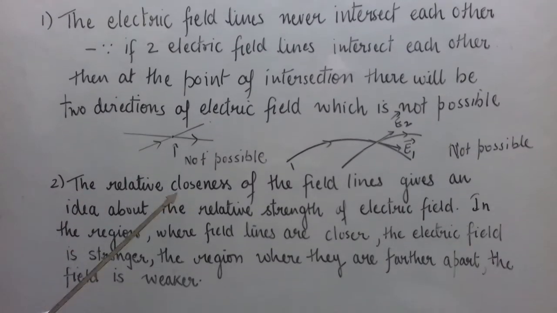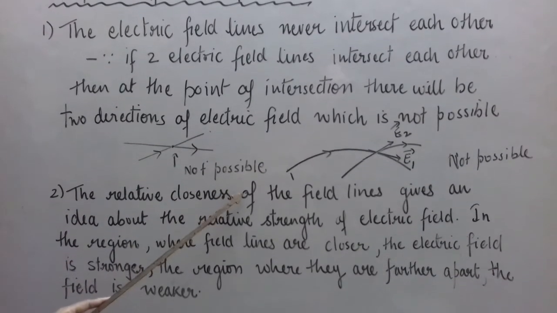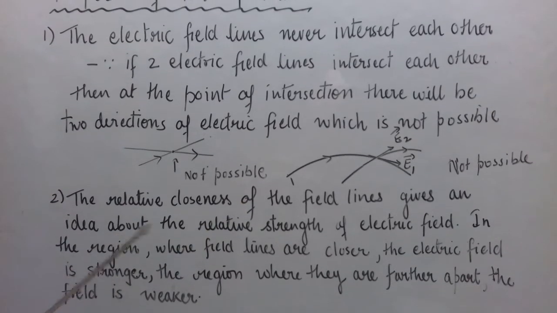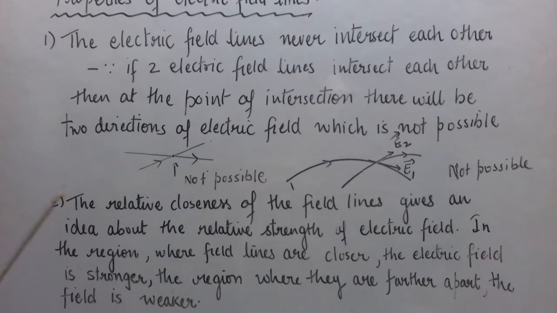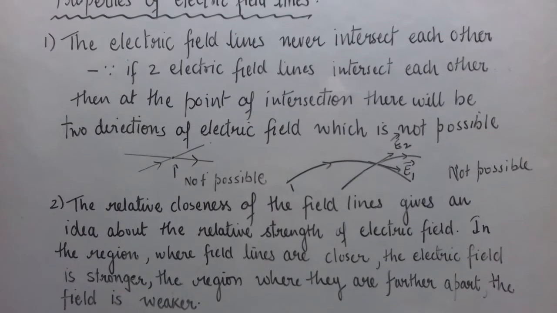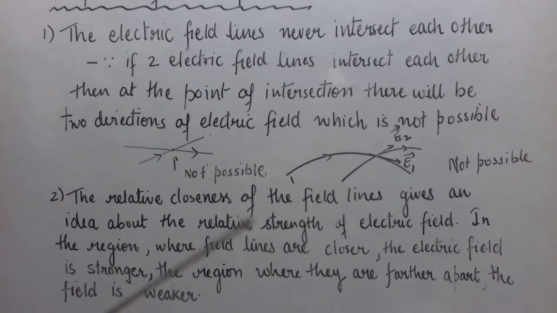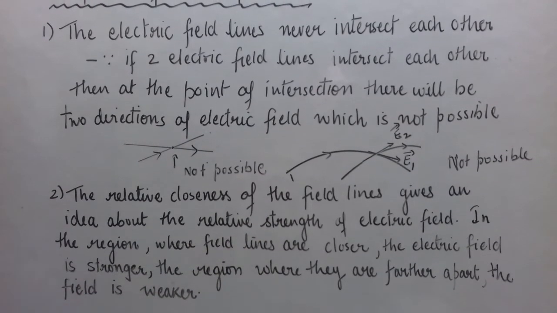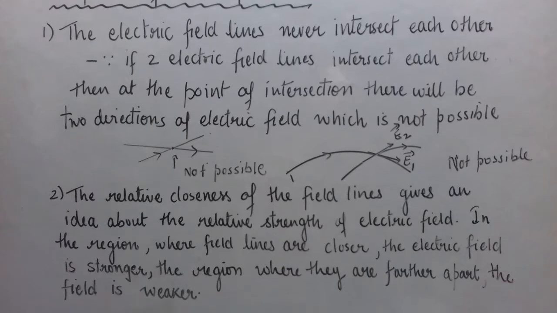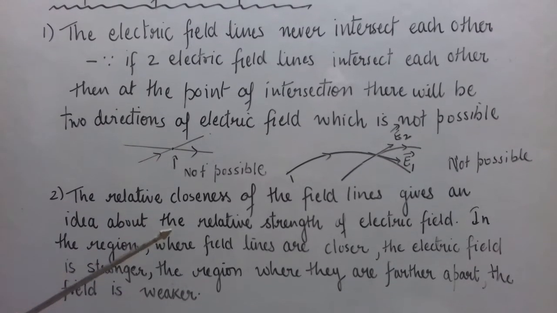The relative closeness of the field lines gives an idea about the relative strength of electric field. It means you have electric field lines representing one electric field and electric field lines representing some other electric field, or even in one electric field if there are lines. Then in the region where the lines are closer, the field will be stronger.